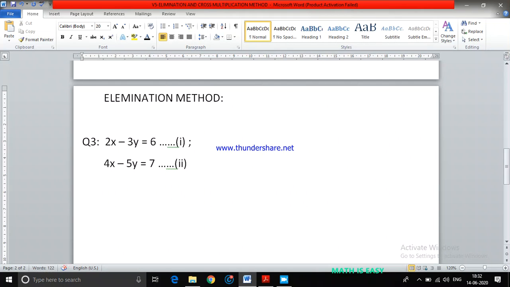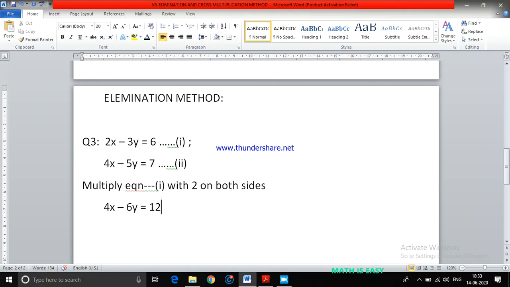Here I'll write the condition, multiply both sides. You are multiplying equation 1 with 2 on both the sides. Let's see what changes will come in the equation. This equation you are multiplying with 2, right? So what you'll get, 2 into 2, 4x minus 2 into 3, 6y will be equals to 2 sixes, 12, right?